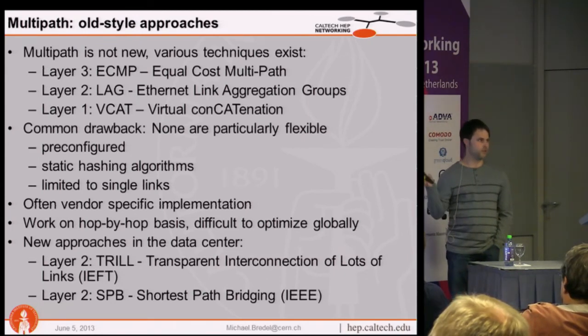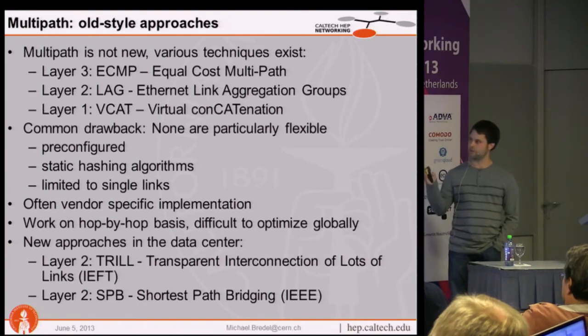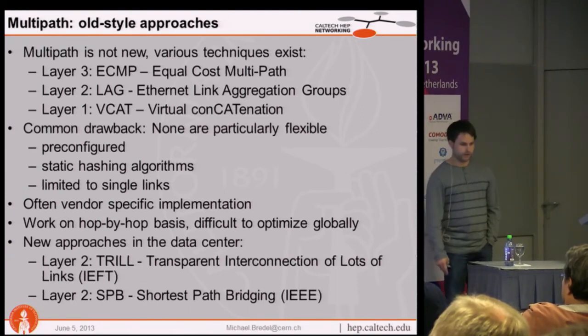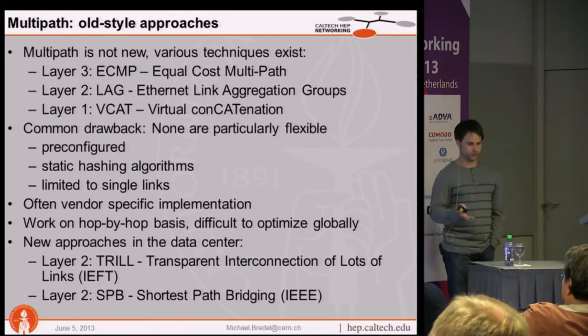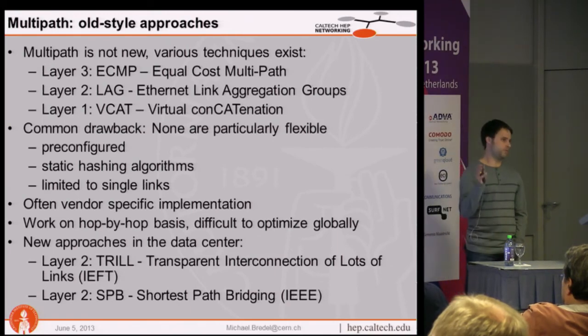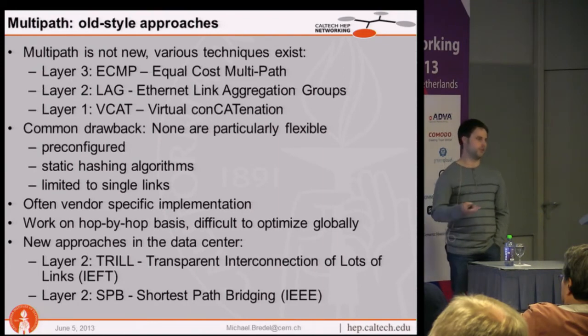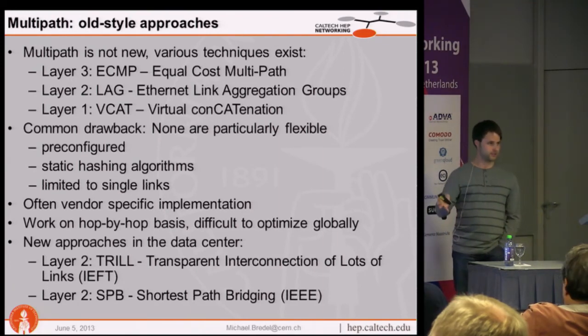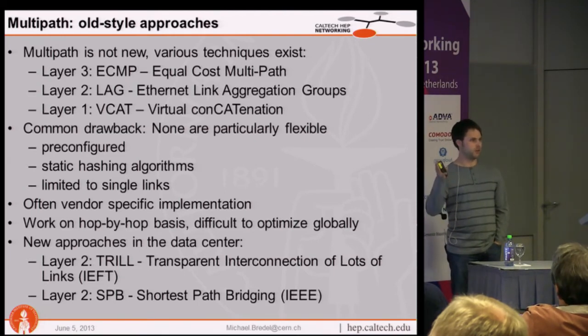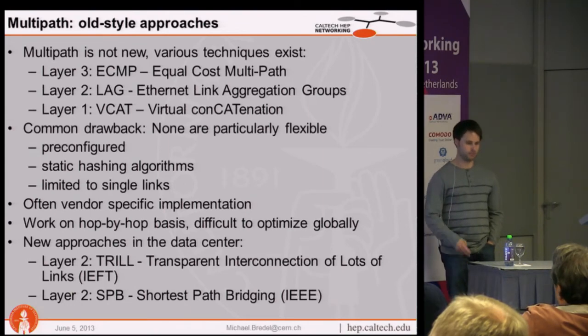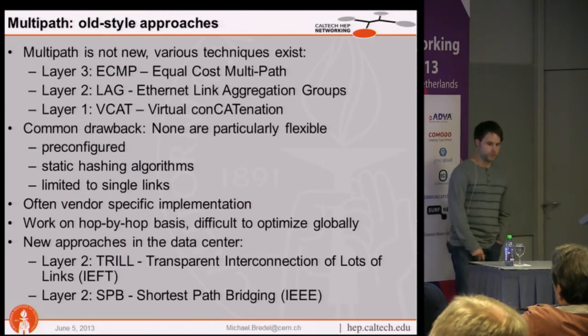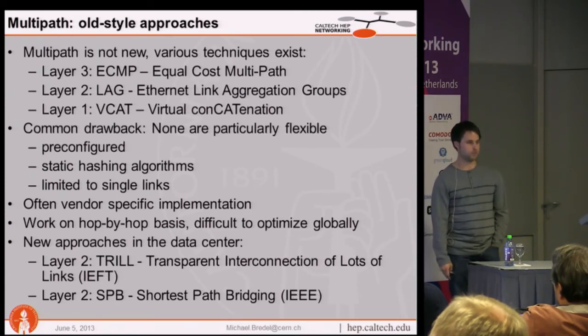This depends on the vendor's implementation of the functionality, and you don't have any freedom to change that. Also, it's a distributed approach, so you usually take single links into account, and not the whole path. Every network component just chooses the next link and puts the flow on it. And of course, because it's distributed, it's hard to optimize globally.